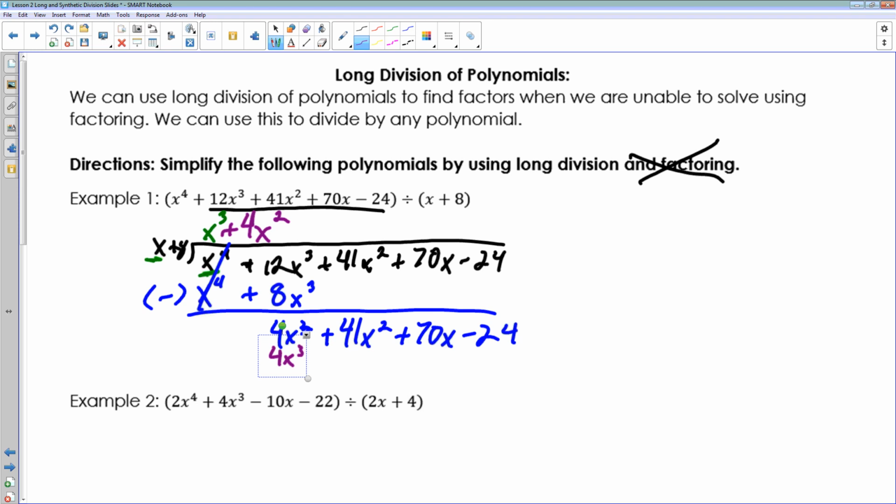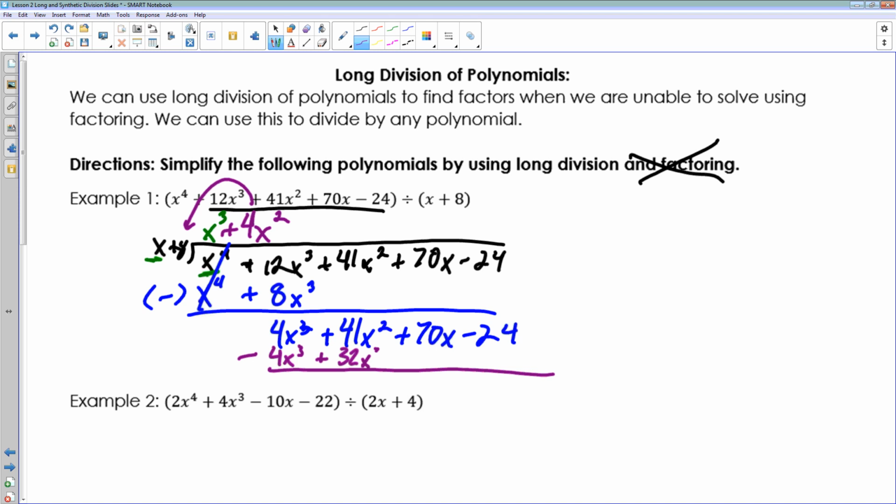But then I also have to remember I need to multiply this 4x squared by 8. That's going to get me 32x squared. And so now we're going to subtract again.